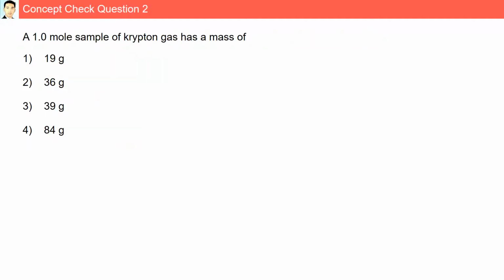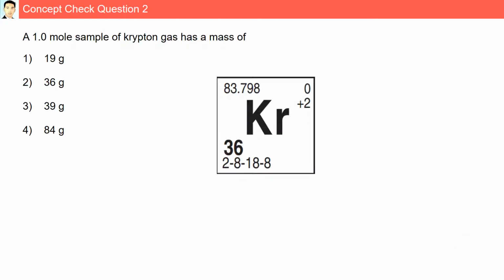Question 2. A 1 mole sample of krypton gas has a mass of... Looking at the periodic table for krypton, we identify the atomic mass for krypton. We express that in grams to give us the molar mass of the sample, which is 84 grams.